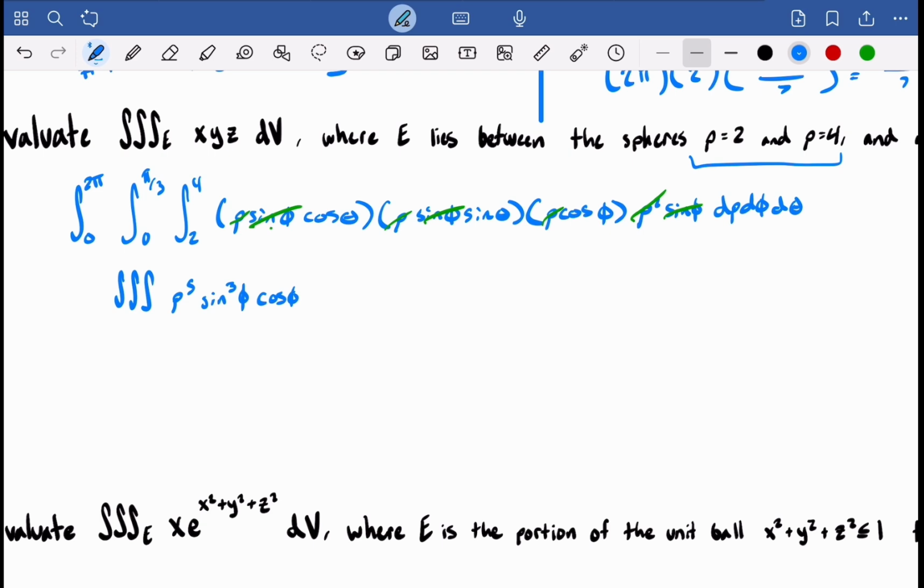Now we're done with the phis, and then we have a sine of theta and cosine theta. And then we have our d rho d phi d theta.